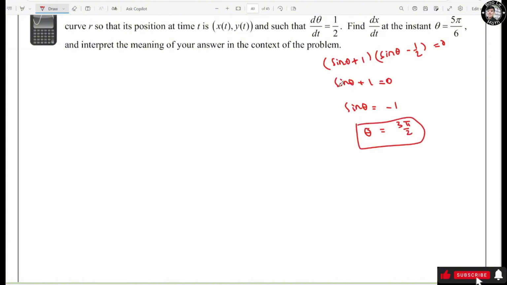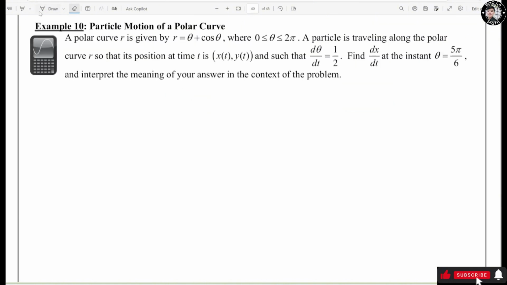The second one, sine theta minus 1/2 equals 0, sine theta equals 1/2. Then theta equals pi over 6 and 5 pi over 6.